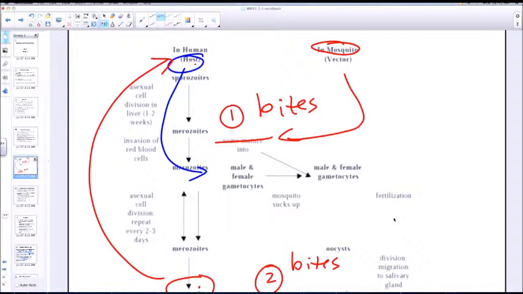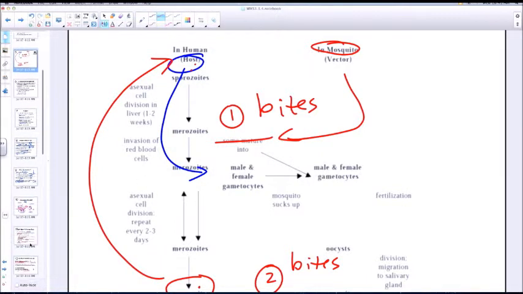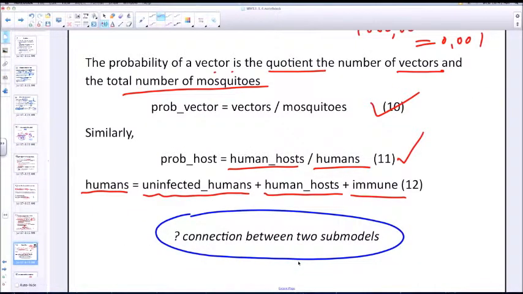You need the same mosquito to first bite the host and second bite an uninfected human. If you understand this fundamental problem, now you can try to answer my question. Where's the connection between the two submodels?